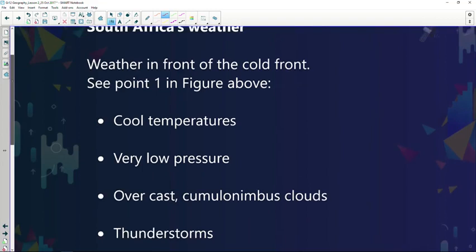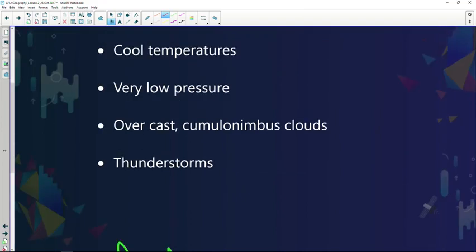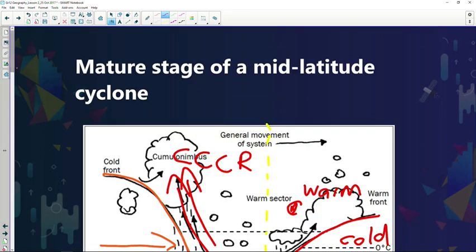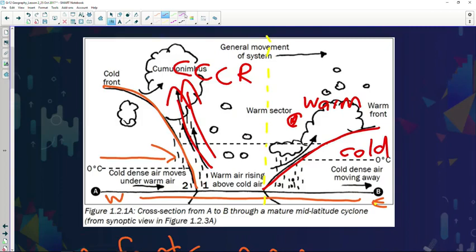If you go back to the weather, now it's a very low pressure. The simple reason why it's a low pressure, if we go back to our previous diagram, is because look what's happening over here. Air is being forced to rise.